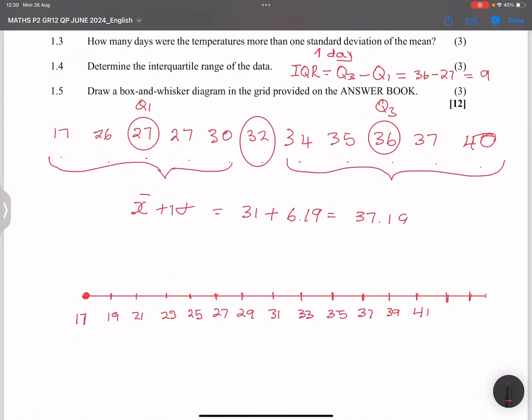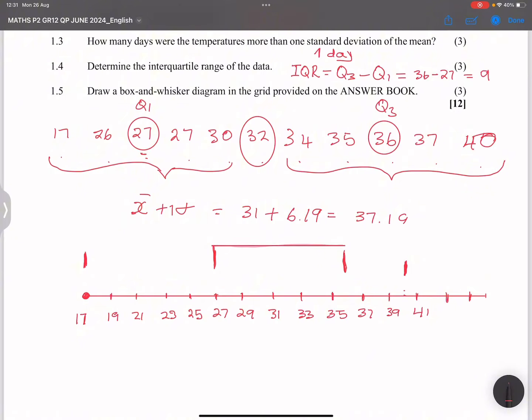My highest value is 40, so 40 would be here. There's my 40, and my minimum value is 17. We said Q1 is 27, so there's our Q1 value over there. And we know Q3 is 36, so that should be here.